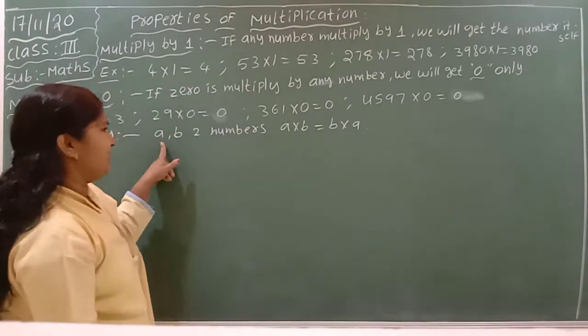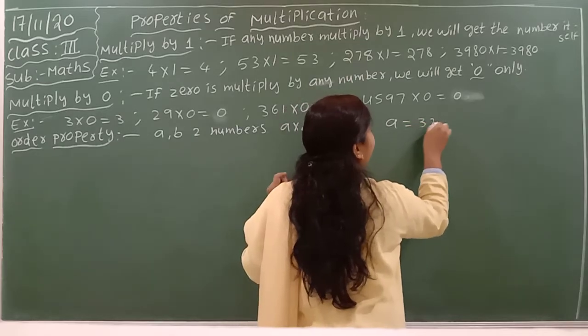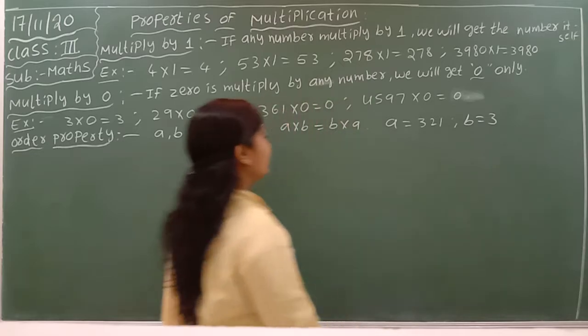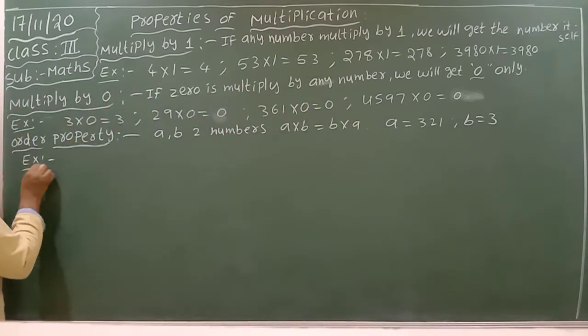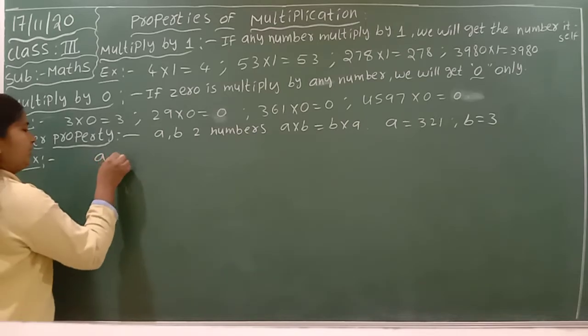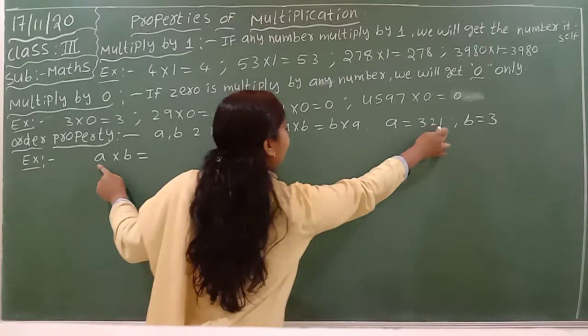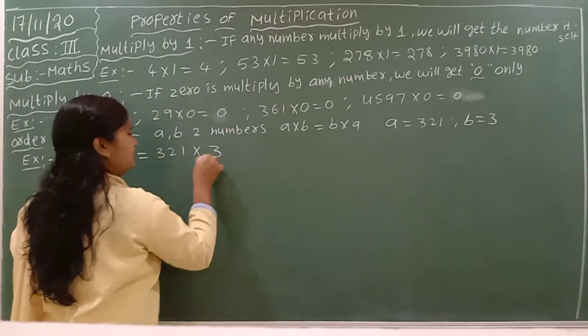Okay? For example, here I am taking a as 321 and b as 3. Now here you have to multiply. A into b: a means which number, children? 321. 321 into b means 3.